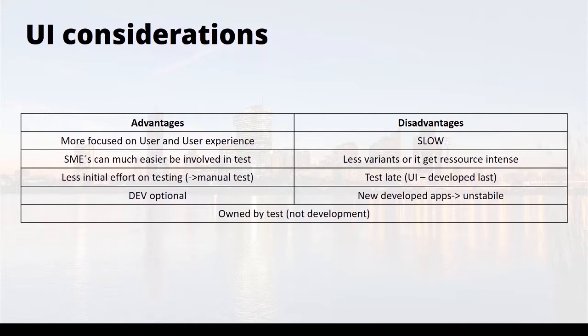And maybe you have also had this experience: if there are new applications developed, the user interface might not be very stable or is changing from time to time, so that it makes test automation or testing quite difficult. And here the same, so the UI test is owned by the test and not by the development.